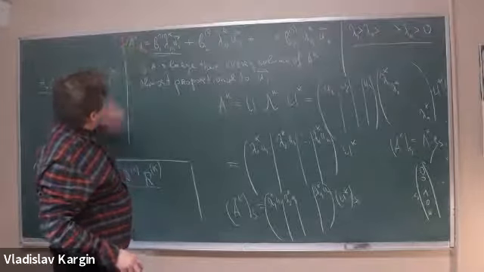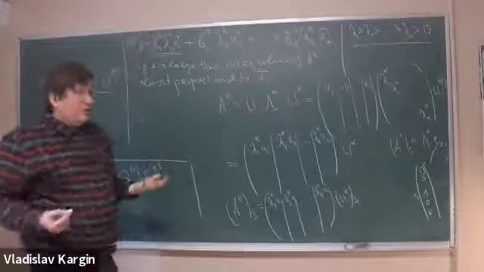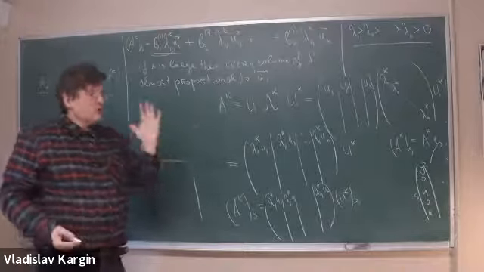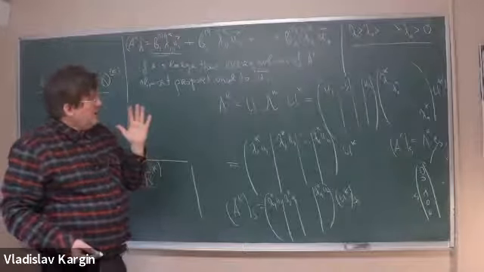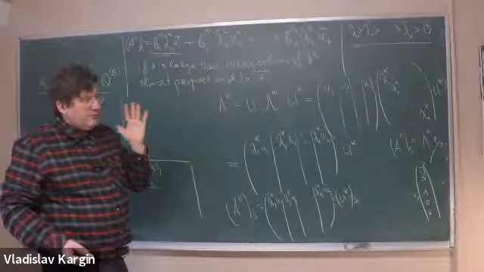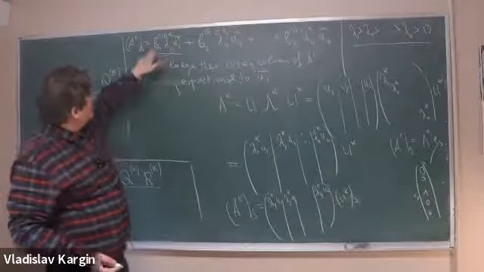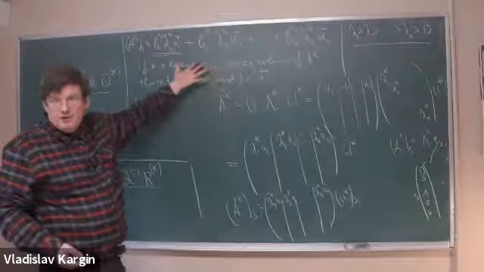So actually, I need only assume that now what I really want is that the first column would be almost proportional to this U1. At this moment, I just need the first column.